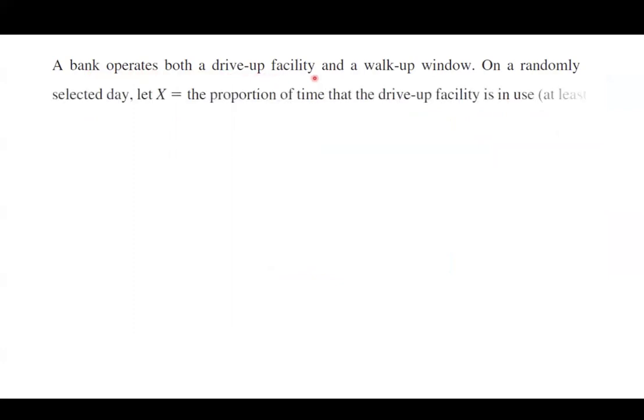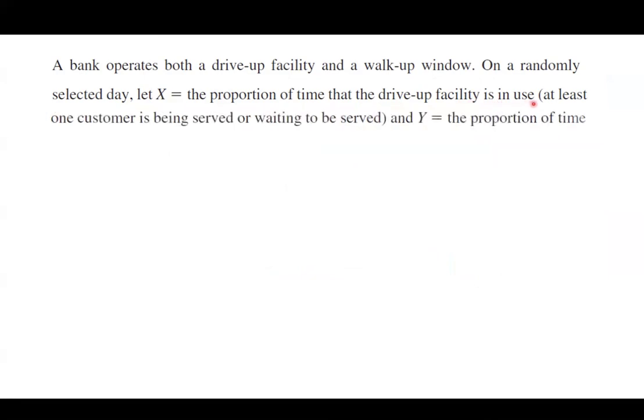Okay, let us take a look at one example. A bank operates both a drive-up facility and a walk-up window. On a randomly selected day, let x be the proportion of time that the drive-up facility is in use, at least one customer is being served or waiting to be served.